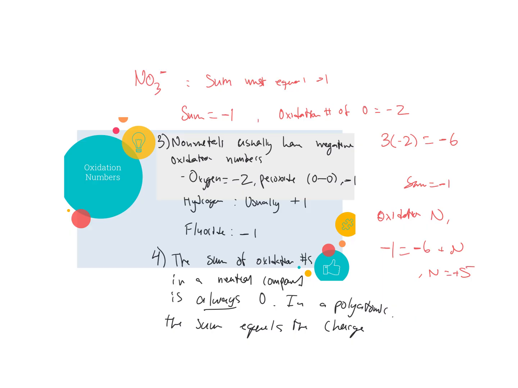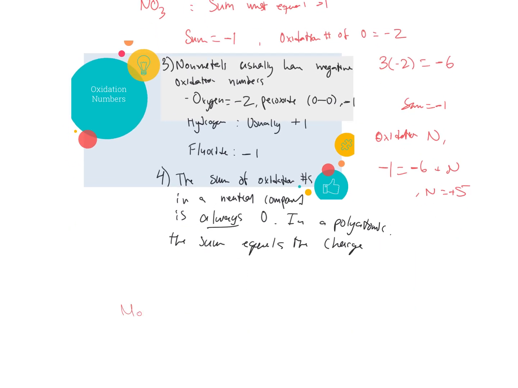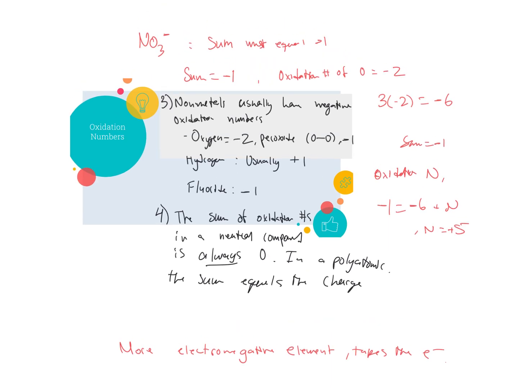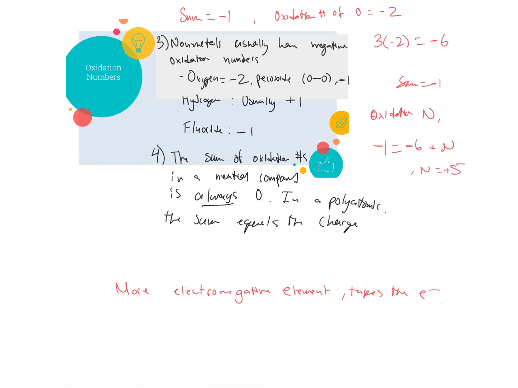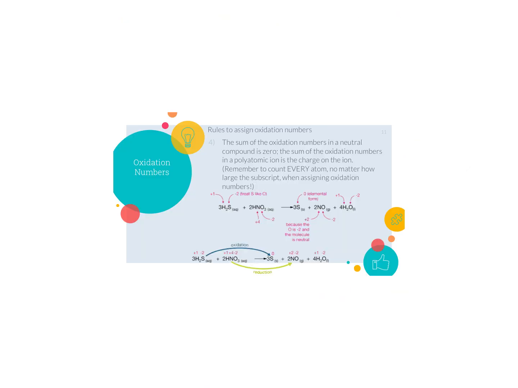Generally, when we're thinking of the oxidation number, the more electronegative element takes the electrons. Oxygen is more electronegative than nitrogen, so O has the electrons, and that one should have the negative oxidation number.